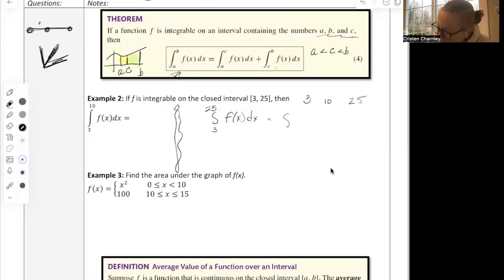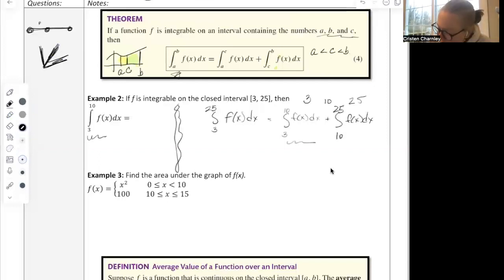Would be equal to the integral from 3 to 10 of f of x dx plus the integral from 10 to 25 of f of x dx. So if I want to solve for the piece from 3 to 10, I'm going to subtract that 10 to 25.